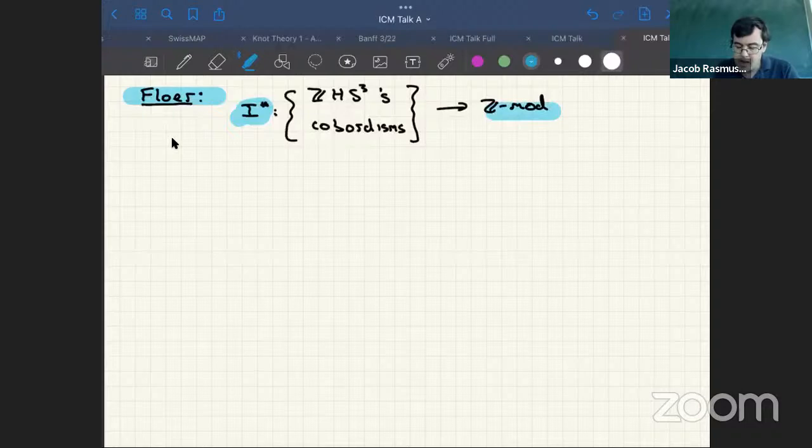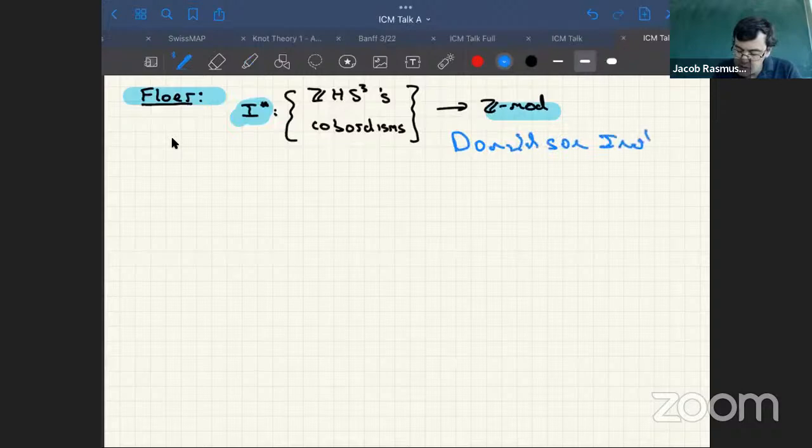And so an important feature of this Floer homology is that it tells you about Donaldson invariants, which are invariants of four manifolds.